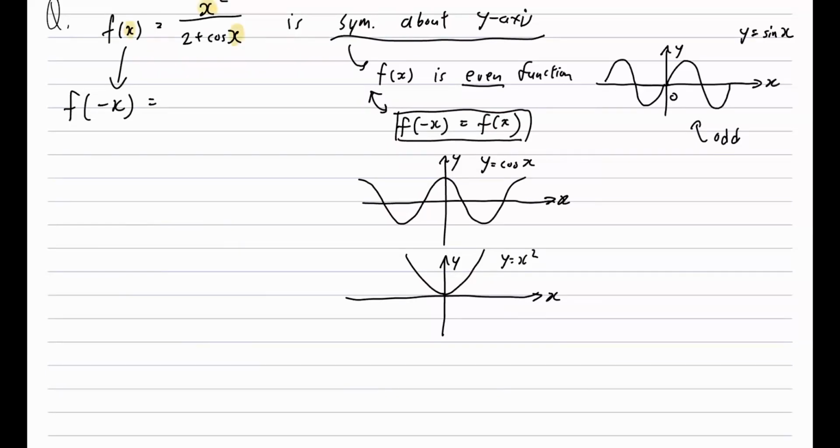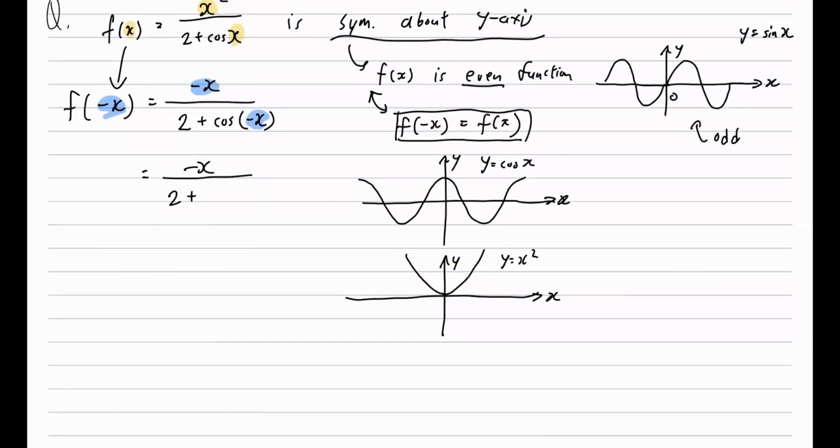Negative x on top, and all divided by 2 plus cosine of negative x below. Then what's cosine of negative x?